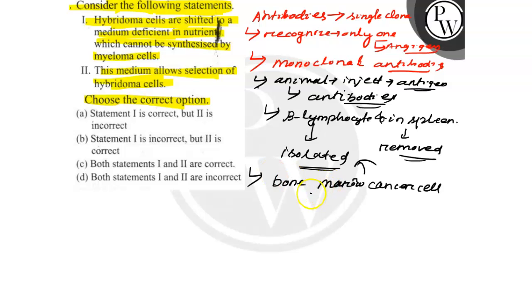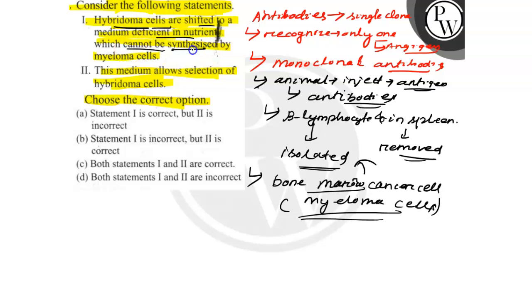So these bone marrow cancer cells are the myeloma cells. When the myeloma cell is fused with the normal antibody producing cell, that is the lymphocyte, this fusion is known as a hybridoma. They are shifted to a medium deficient in nutrient which cannot be synthesized by the myeloma cell.